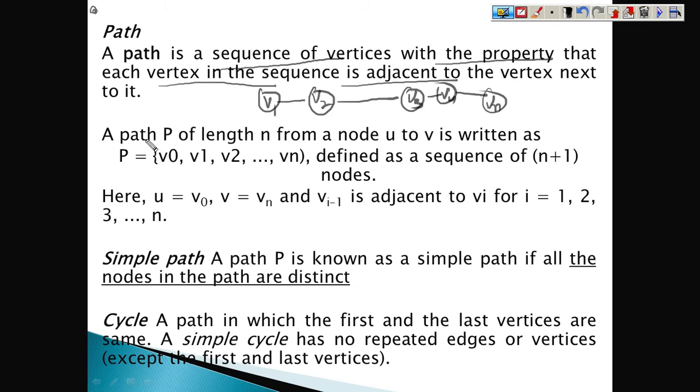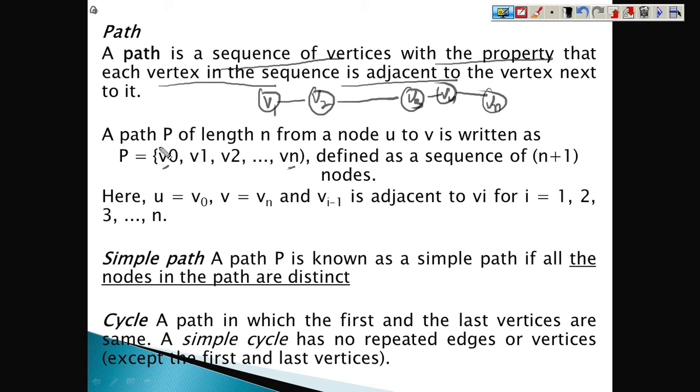So the path we are representing mathematically as P, which is basically represented as a set of vertices which actually allows us to reach the destination. So let's say we want to go from V0 to Vn, then the entire path will be defined as a set of all intermediate vertices that come across from V0 to Vn.